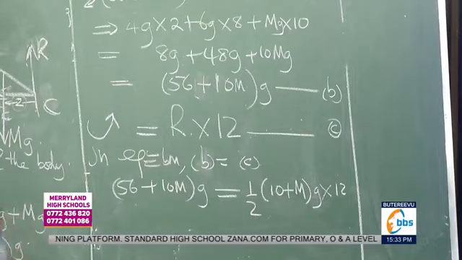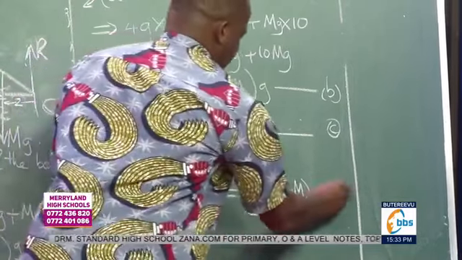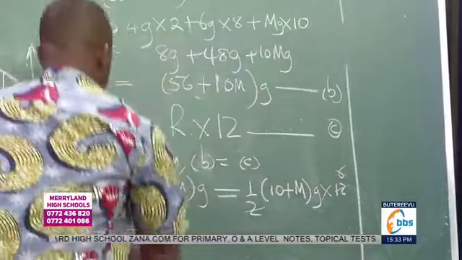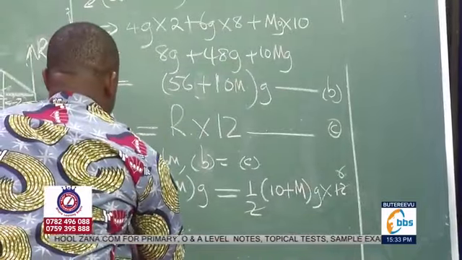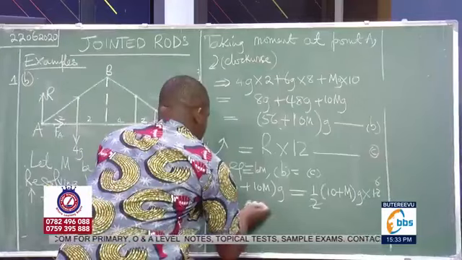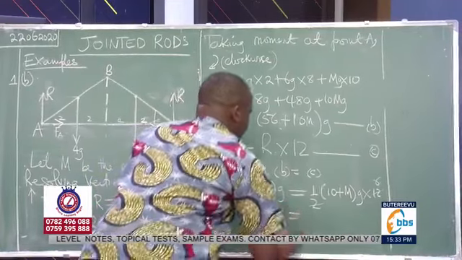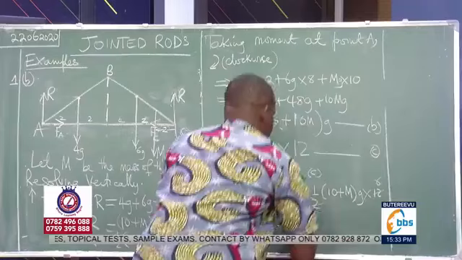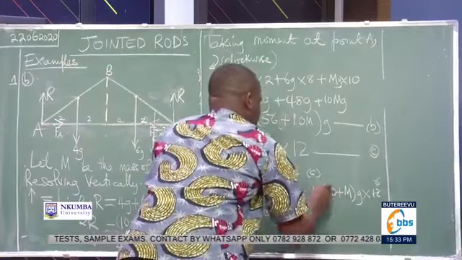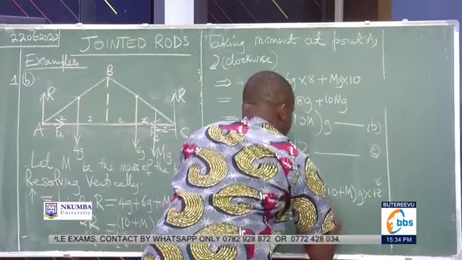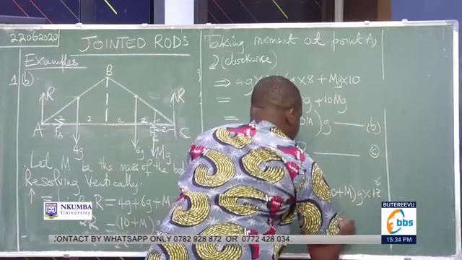When we simplify, these two will give us a 6 here, and we shall have 56g plus 10mg should now be equal to 60, 10 times 6, plus 6m.